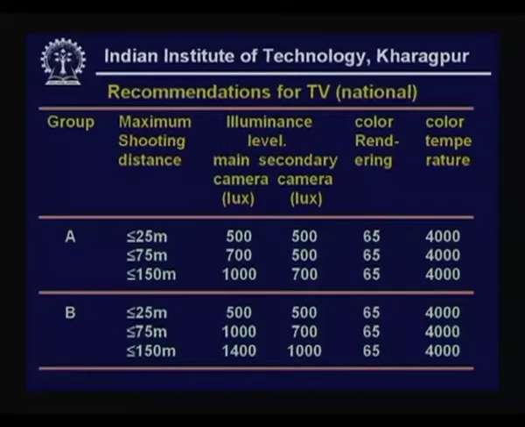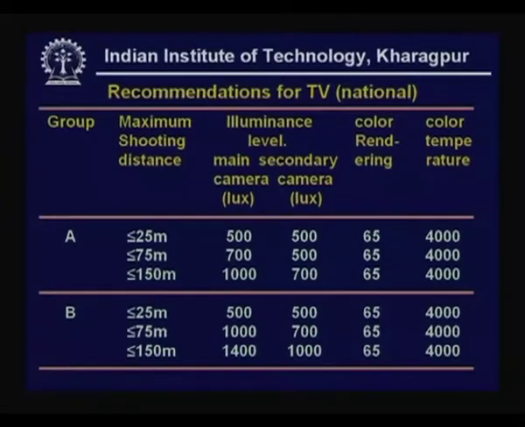You can see this is categorized in terms of the grouping of the games A, B, C. The maximum shooting distance has been taken as one of the criteria, with illuminance levels in lux for the main camera and secondary camera. As can be seen, the three distances chosen are 25 meters, 75 meters, 150 meters.